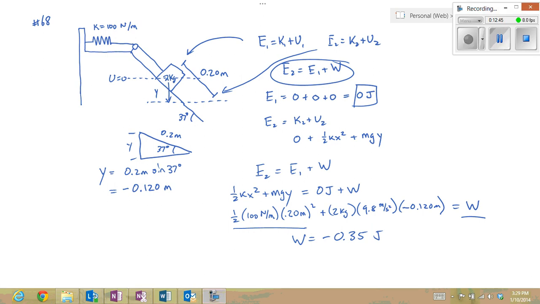So the system has lost 0.35 joules, and that energy is dissipated as work due to friction. So we have to find the coefficient of friction in this problem.